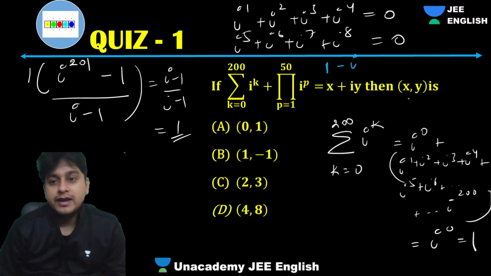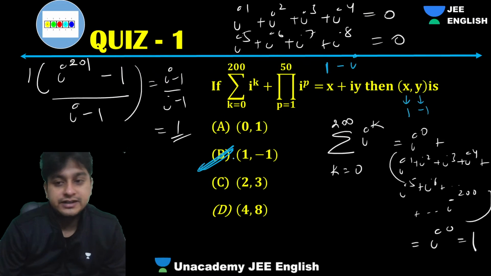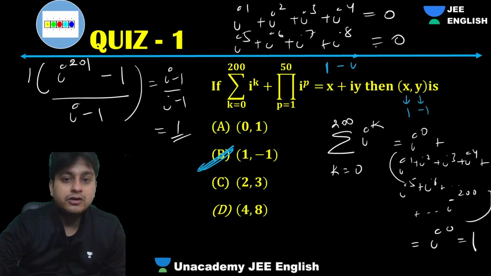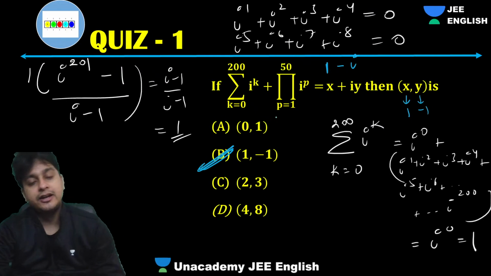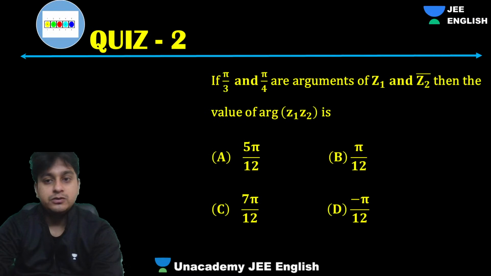So x is coming as 1, y is coming as minus 1. It is 1 comma minus 1. So that's how we've actually done it. Very easily, we have got the value of this one. Okay, chalo guys, now let's look into the next problem.